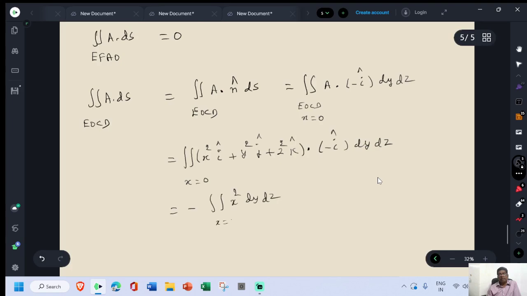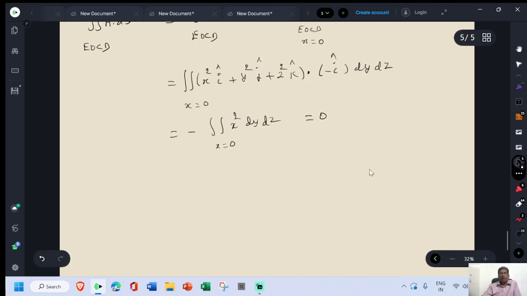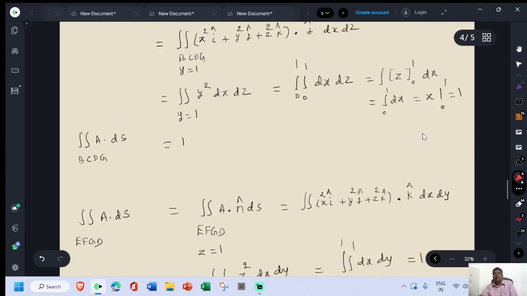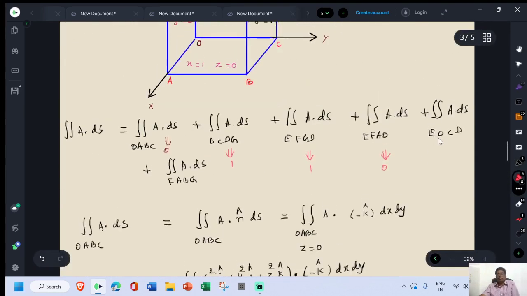Here the condition is x equals 0. Therefore, this integral vanishes. Then the double integral of A dot dS over EOCD equals 0. This is also 0. Now come to the final part.